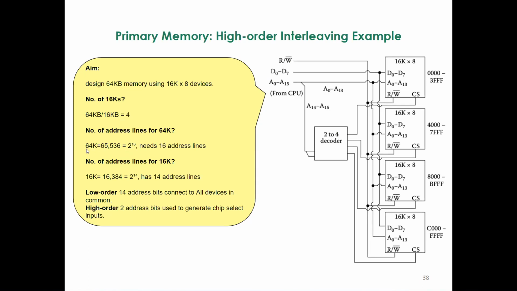So we rewrite 64 kilo in base 2, as close as possible to 64 as we can. We have 65,536 being the closest, which is 2 to the power 16, meaning to address 64 kilobytes, we need 16 address lines.